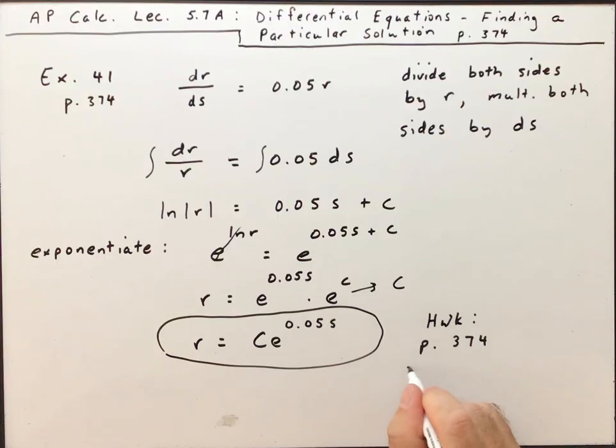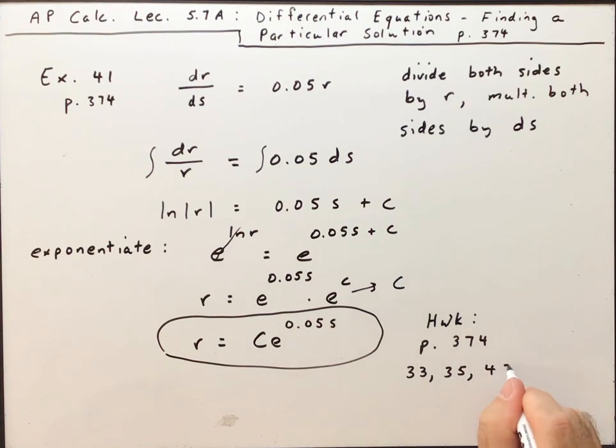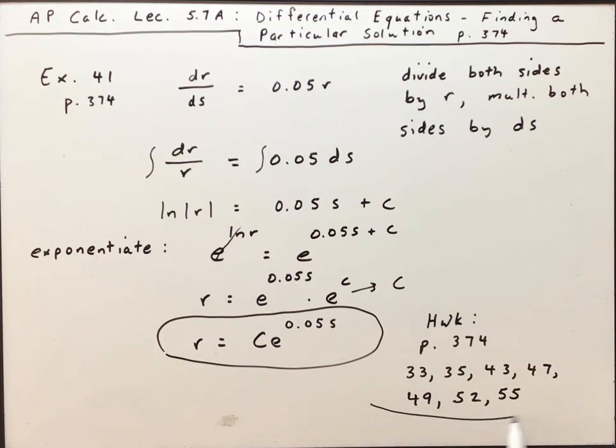And let's do 33, 35, 43, 47, 49, 52, and 55. So that'll be a good practice for both particular and general solutions. So I hope this homework goes well for you, and I will talk to you on the next one.